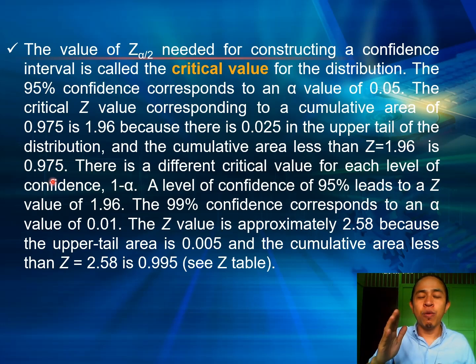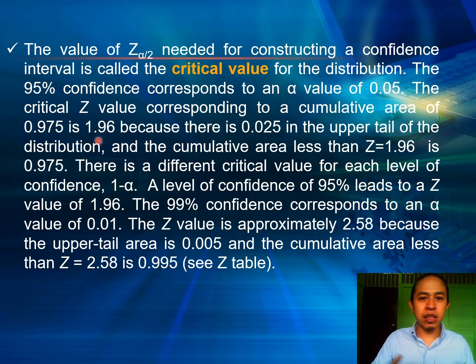97.5%, or in decimal that is 0.975. If you look at it in your standardized normal distribution table, you can get a z value of 1.96.